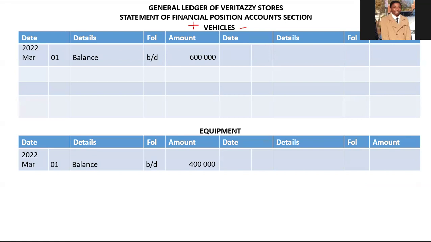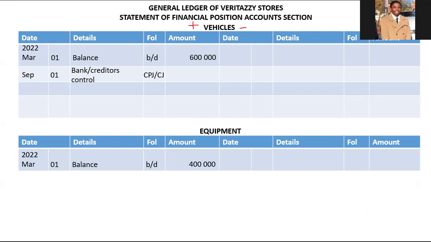But for vehicles, it'll change because in September the 1st, we purchased a vehicle. They didn't mention how we purchased it. If it was EFT, we were going to write bank, CPJ. If it was invoice or on credit, we were going to write creditors control or CJ, but it wasn't mentioned, so I will write both.